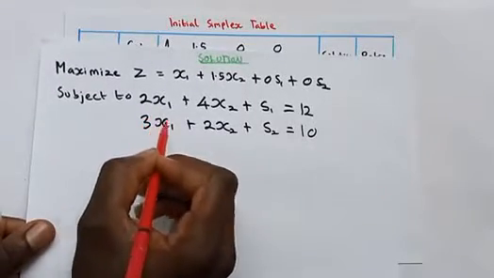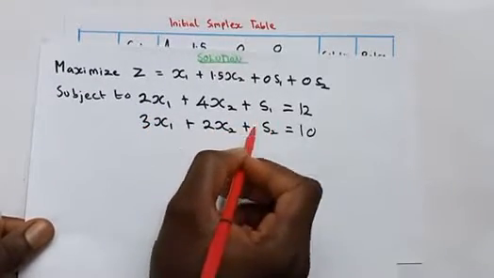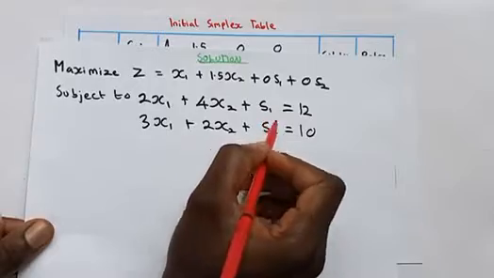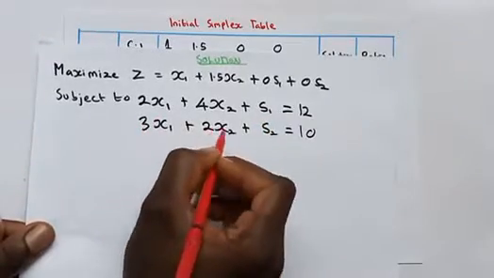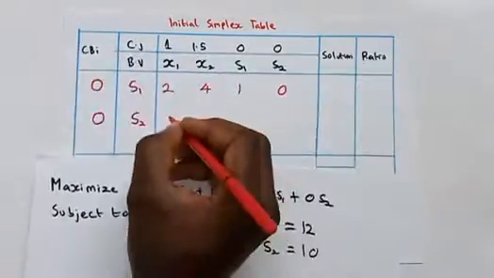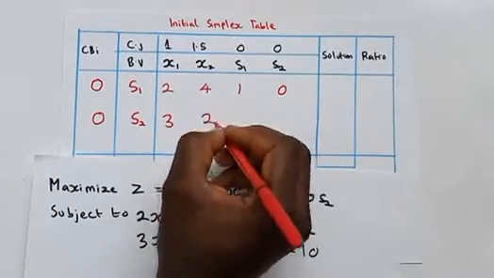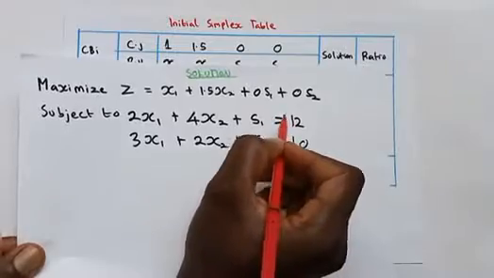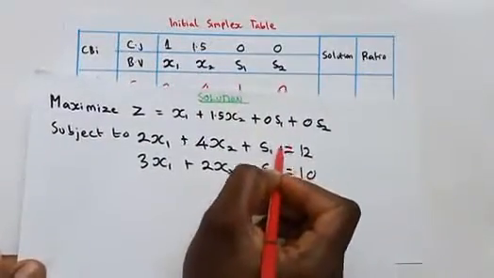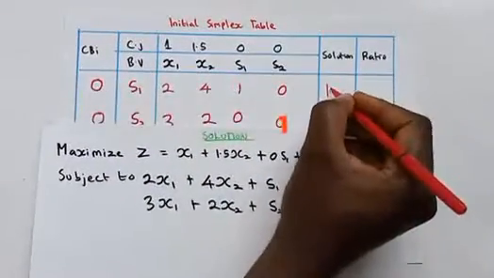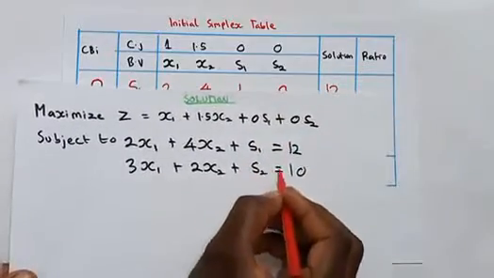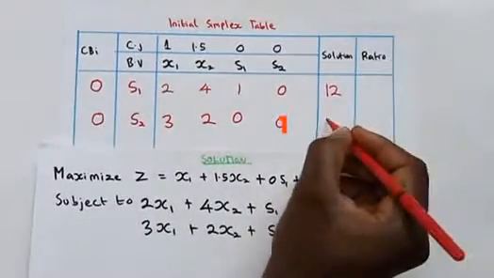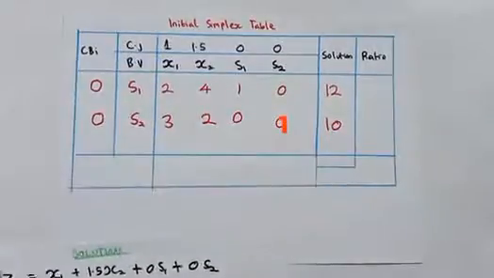We have 3x1, 2x2, there is no s1, and we have 1s2. So here we have 3, 2, 0, and 1. For the first constraint, the right side is equal to 12, and for the second, it is equal to 10.